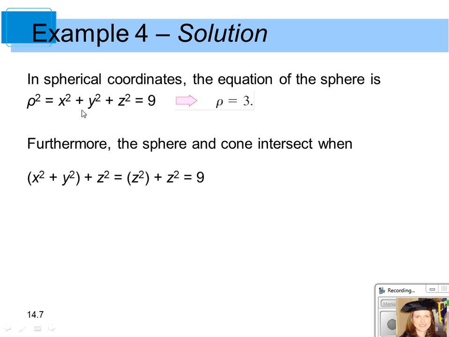So we replace the x squared plus y squared with z squared. Now we can simplify to get 2z squared equals 9, and dividing by 2, z squared equals 9 over 2. When you take the square root, you get z equals 3 divided by the square root of 2. If you rationalize that, z equals 3 square root of 2 over 2.